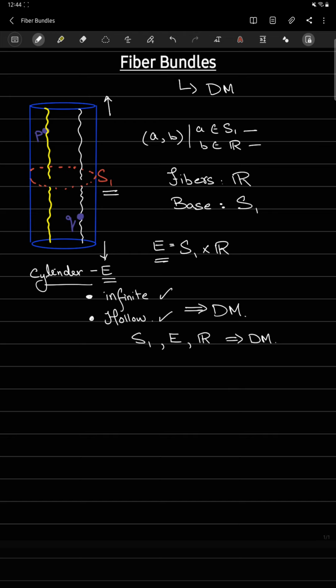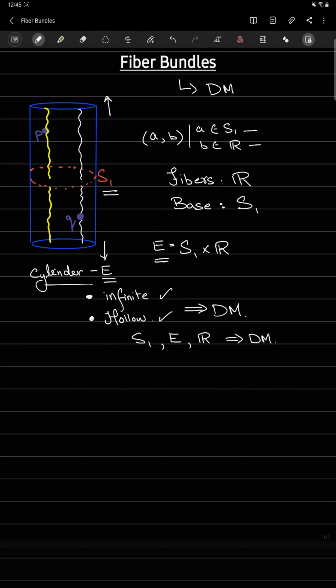Your S1 is at a particular space, and for different points on this cylinder you would have different fibers, so to speak. But both the base space and the fiber are required to construct a cylinder, or to construct this E space.